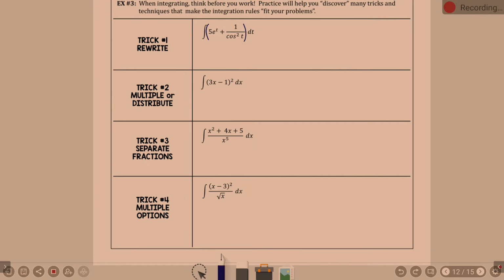I'm not even talking about rewriting it as 2 integrals: 5e^t, we're going to be able to do the integral of that just fine. The integral of 1 over cosine squared t, that cosine in the denominator makes me pause and say, oh yuck, I'm not sure what I'm going to do with that. So how can I rewrite that one so that cosine squared is not in the denominator?